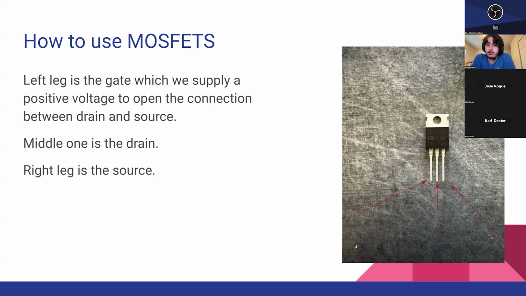One of the really good applications of a MOSFET is when you want to provide really high power to a load, like running a motor. Let's say your Raspberry Pi, your microcontroller, can only supply 5 volts and up to 200 milliamps. But if you want your motor to work really fast and well, you want a connection that connects the power and it runs at the power you want, but you don't want it to be always on.